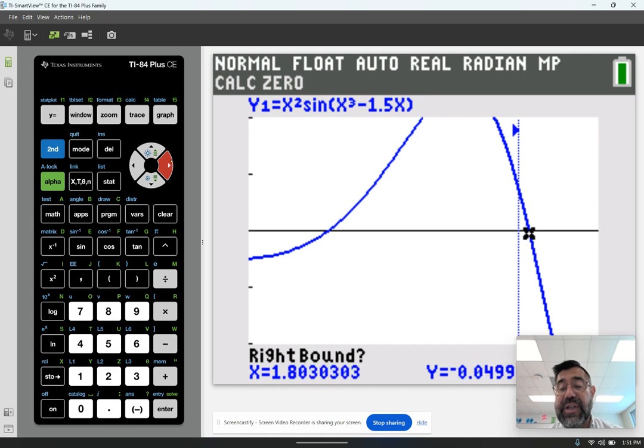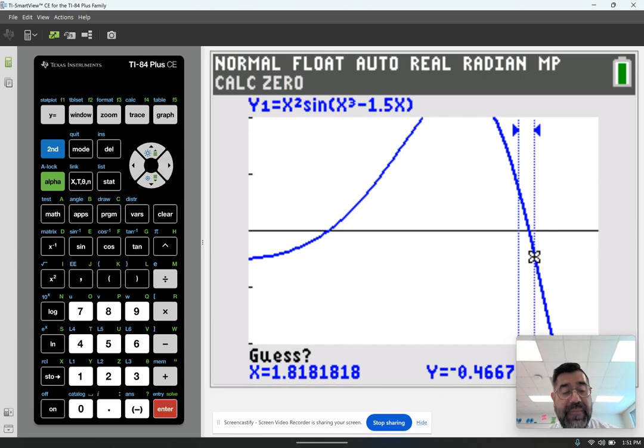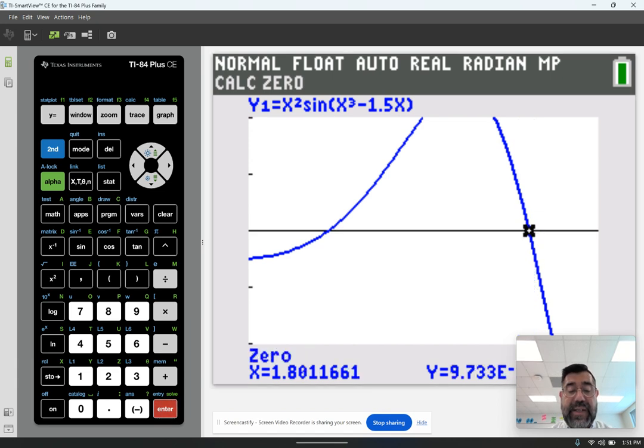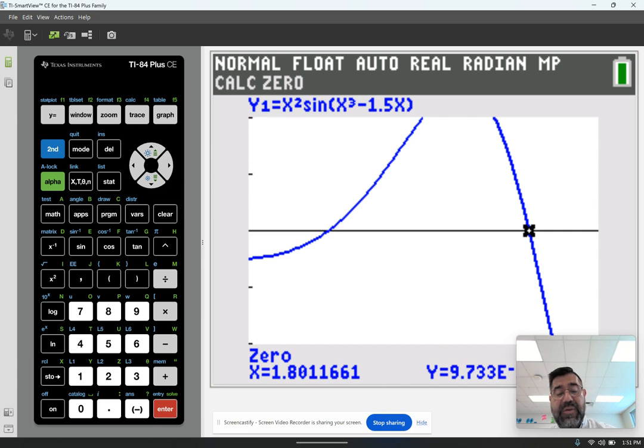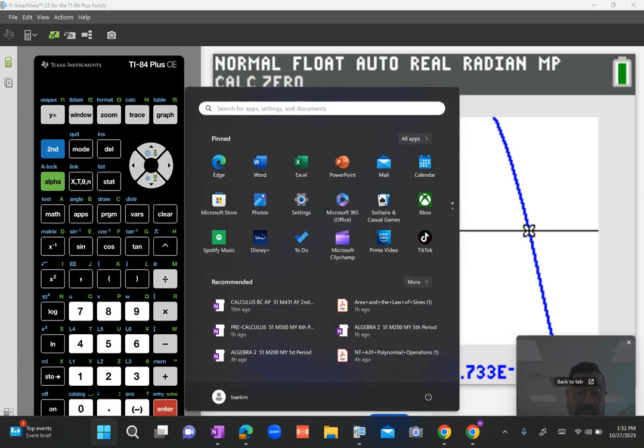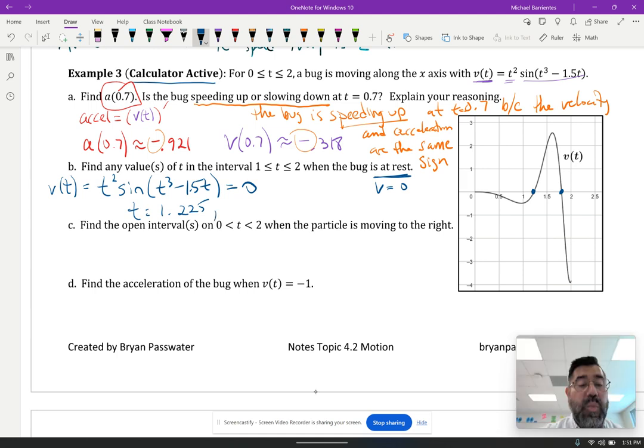And the calculator is going to look for a 0 in between those lines. Press enter. So see how my 0 is in between there. Press enter and it's going to find it, and it's at 1.801. So at those two time measurements, my velocity is equal to 0.